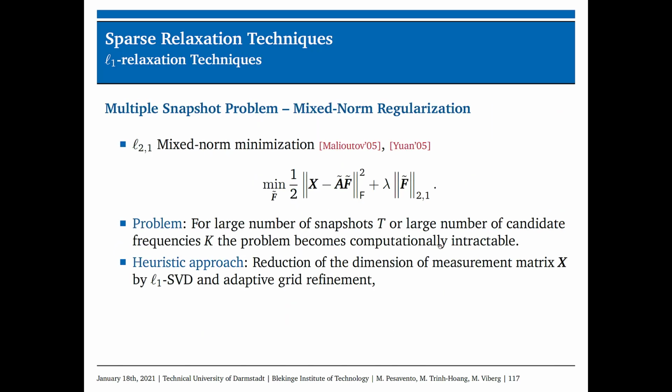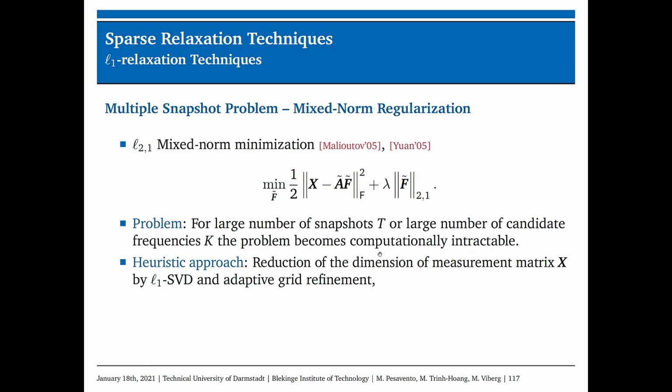This problem has first been studied by Malioutov, and it is commonly referred to as a multiple snapshot mixed norm regularized problem. The problem is convex even though the function is not differentiable everywhere, and it can be solved efficiently, for example, using standard convex optimization interior point solvers.